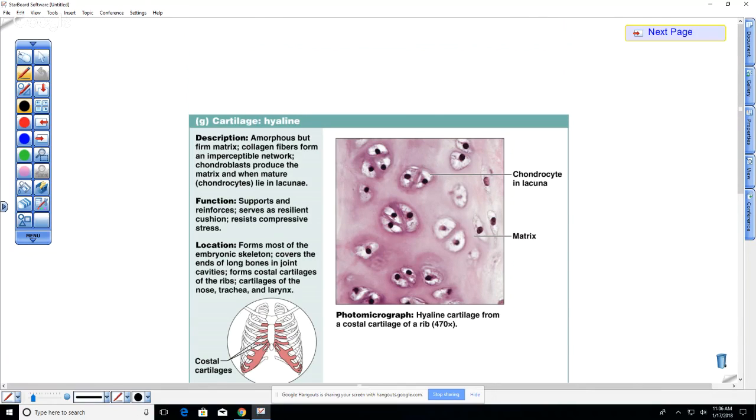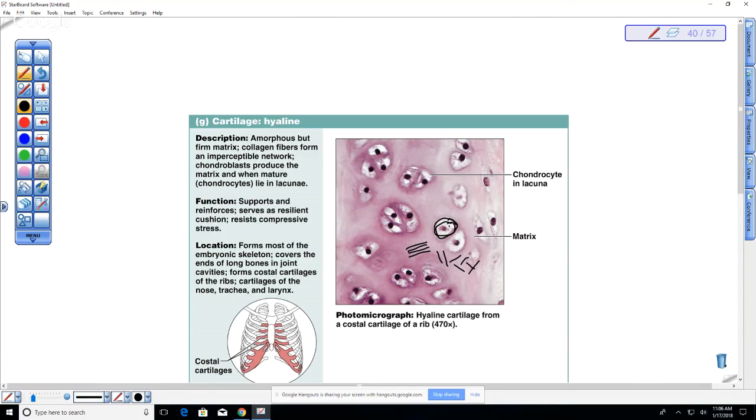So this is an example of a location of hyaline cartilage. Hyaline cartilage looks glassy because you can't actually see the collagen fibers, but they are found in here, right? So the collagen fibers would be in the matrix, but the cells sit in a space in the matrix. So this would be the space, and inside that space, we have the chondrocyte.